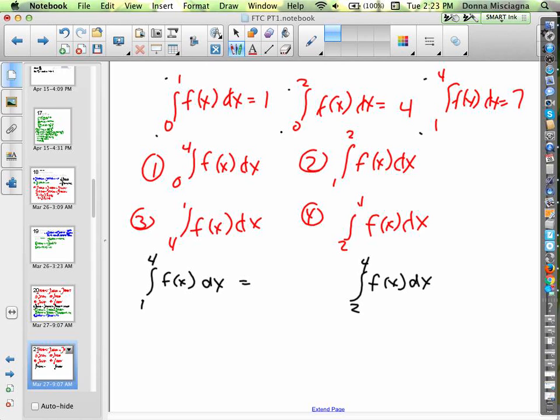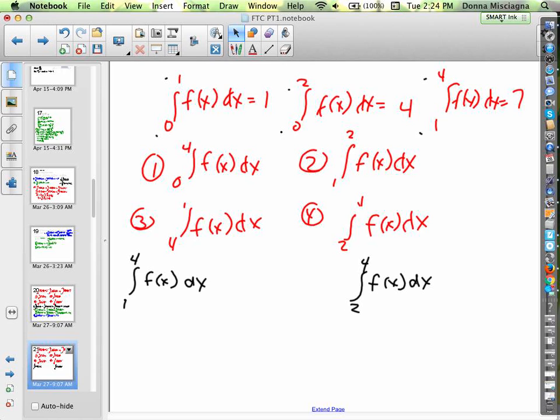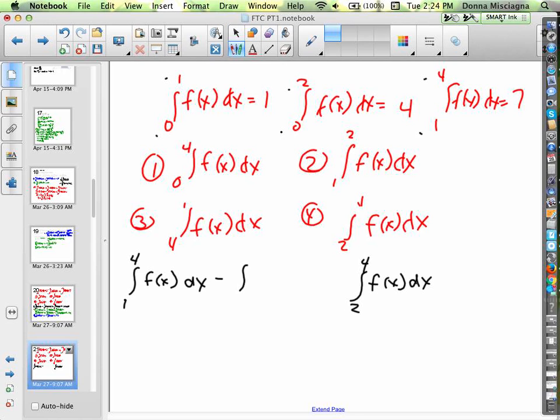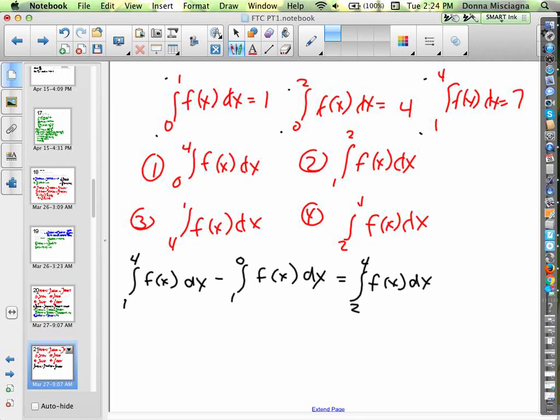If we take off the 1 to 0, that's not going to help at all. If we take off the 0 to 2, they don't match. But if we take off the 1 to 0, all right, so now they match at the bottom.